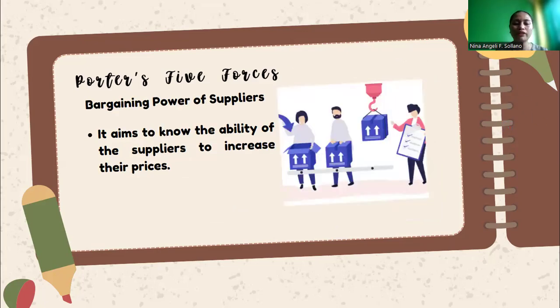Bargaining power of suppliers aims to know the ability of the suppliers to increase their prices.